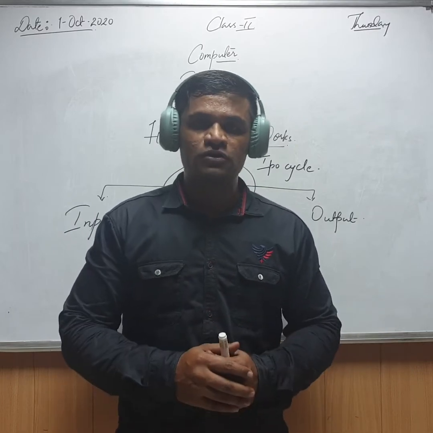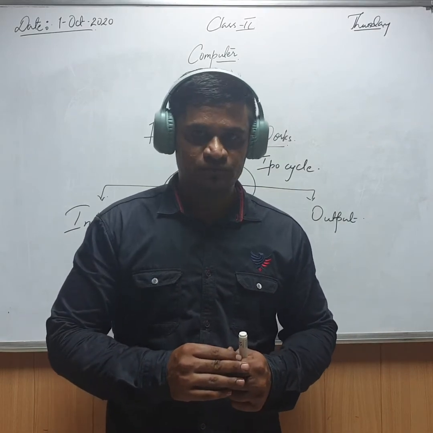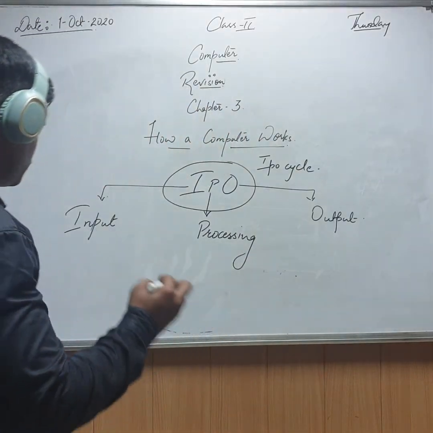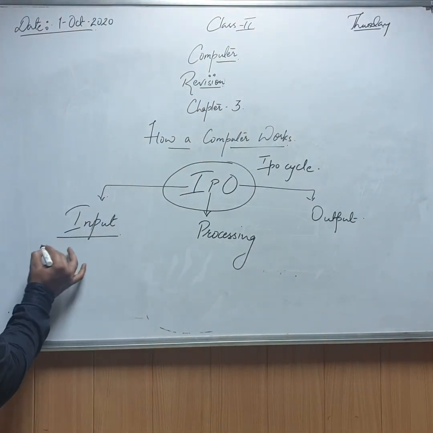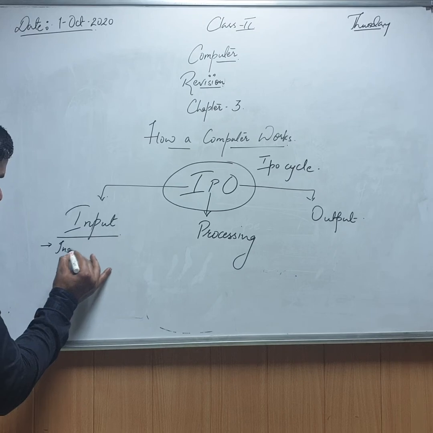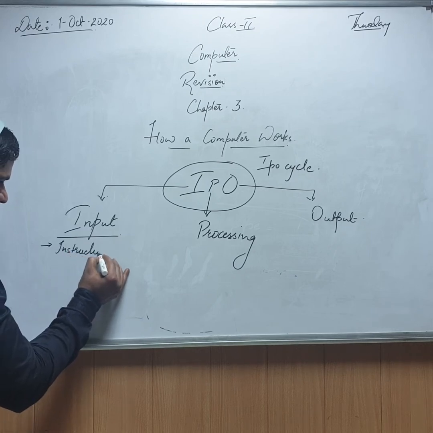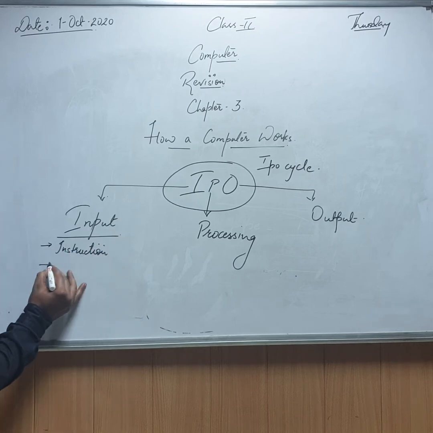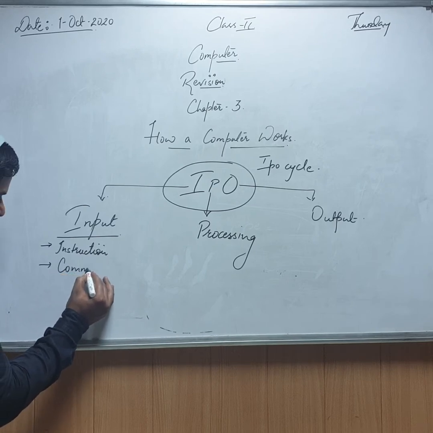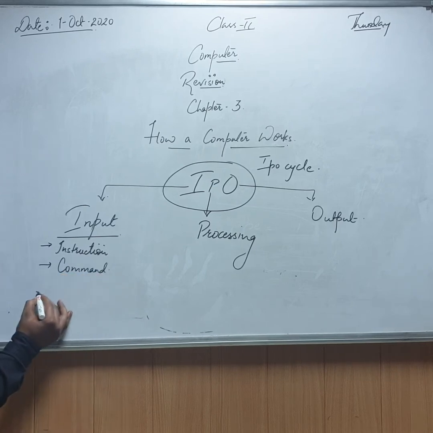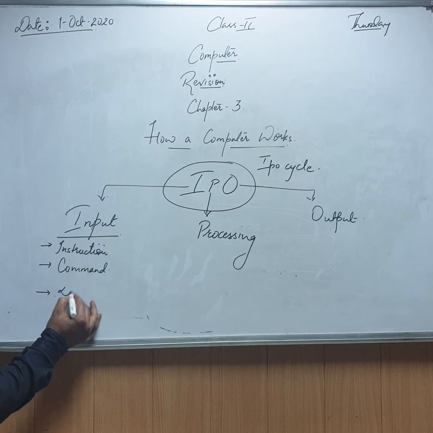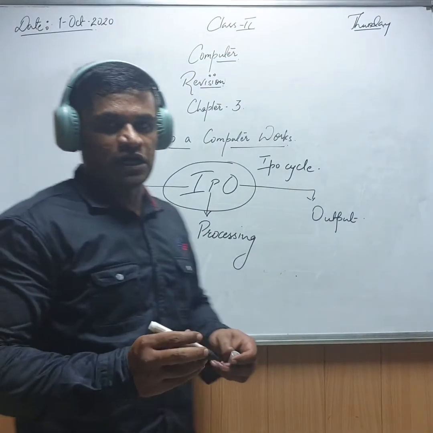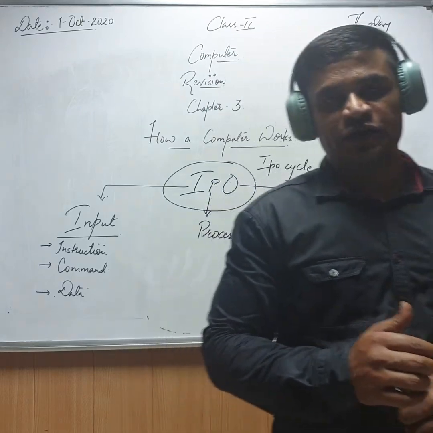Without providing any input, it would not have any task to do. So input is either an instruction, a command, or data which is provided to the computer by using devices.